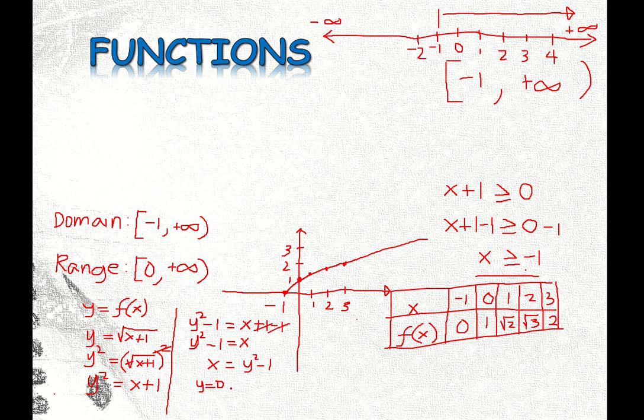When y is equal to 0, our x is 0 squared, so 0 minus 1, so we have x equal to minus 1. Or we just assume values, no? Here, values for the vertical components. So when y is equal to, say, 1, what is our x?